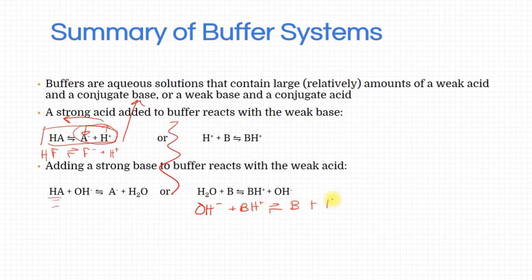And since our products are water and our original B, that doesn't change the pH very much. It'll shift back a bit, but basically adding a base doesn't dramatically change the pH if you have a buffer there. It would if you don't, because then you're just dumping in a whole bunch of hydroxide.